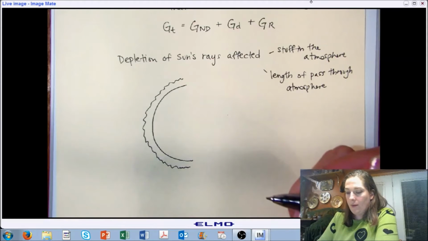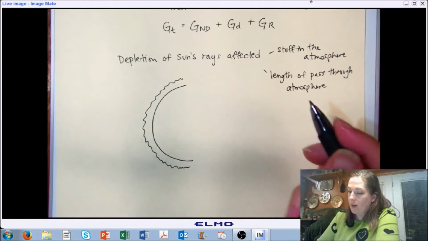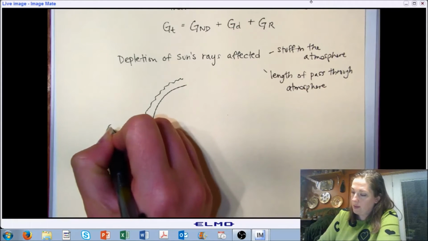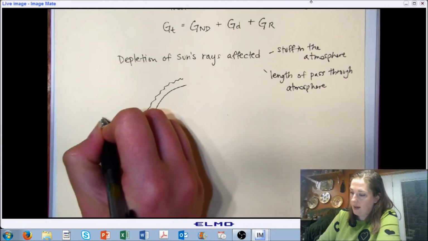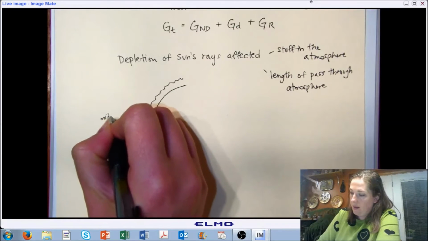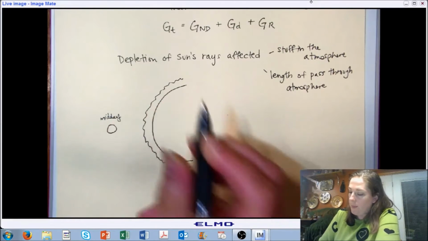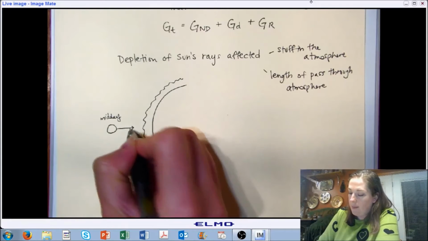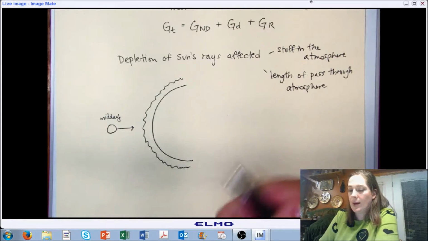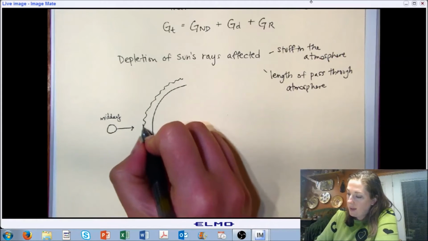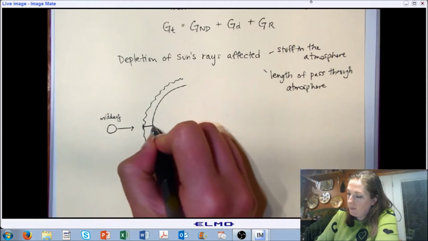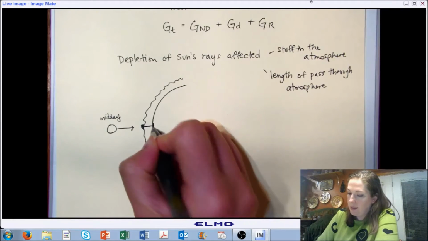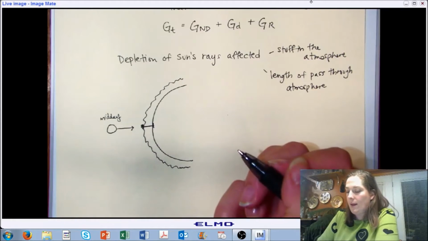If we think about the closest pass, the sun is the highest in the sky at midday. This is our sun, and this is the path of the sun's rays. In order to get through the atmosphere, they have to pass through a distance of this.